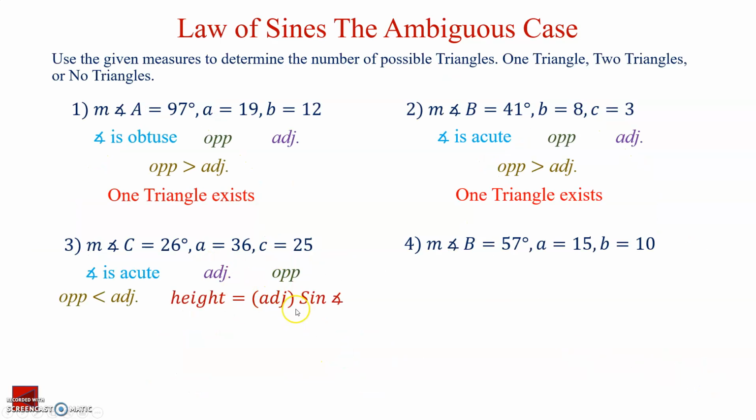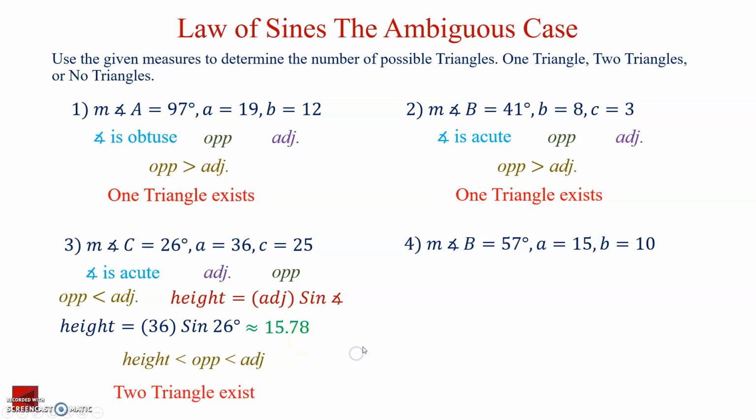There's the formula we'll use: the adjacent times the sine of the angle. The adjacent 36 times sine of 26 gives about 15.78. So the height is less than the opposite, which is less than the adjacent. That's the case where there are exactly two triangles.